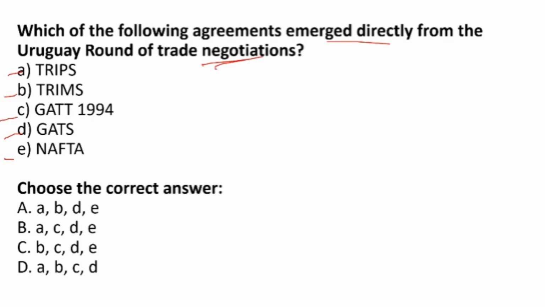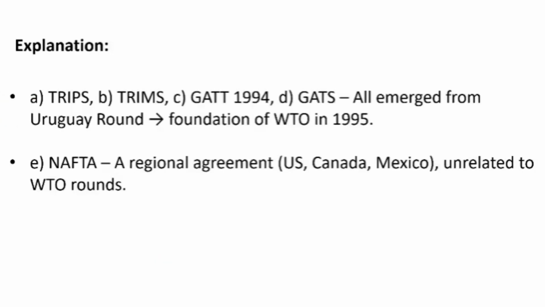Understanding? So option D is correct. A, B, C and D: TRIPS, TRIMS, GATT, and GATS all emerged from the Uruguay round. That is the foundation of the WTO in 1995.